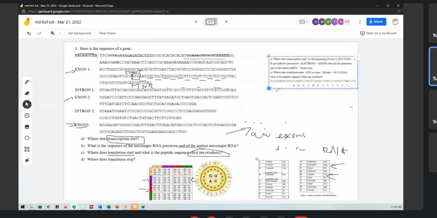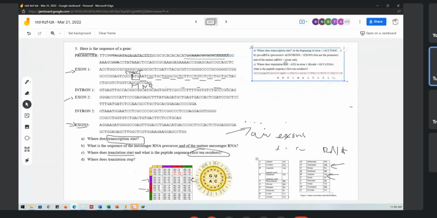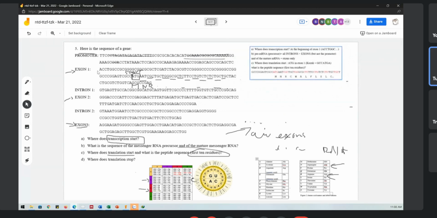This is the answer. So of course, like I mentioned before, start at the beginning. For the A, here we have the pre and the mature mRNA. And here we have, like I mentioned, M and R and so on. We have, as you can see, the sequence here. Okay, and the translation stops when you have the stop codon.